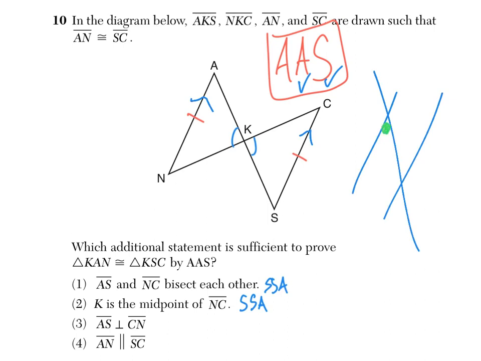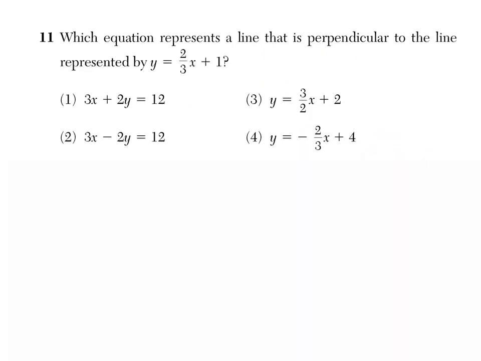So if we've got an alternate interior angle here and here, then that means that this angle and this angle are congruent. This is enough to prove that triangle KAN is congruent to KSC by AAS. Tremendous.